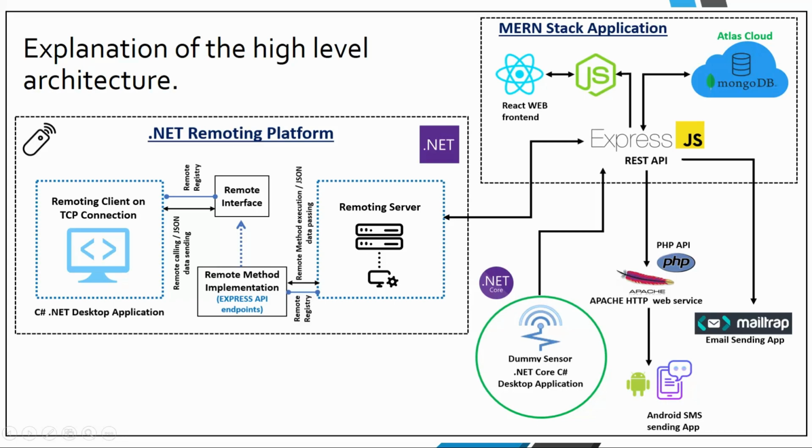In the desktop application, there are mainly 4 components: the client application, the server application, the remote interface, and the methods of the remote interface. The remote client has a reference to the remote interface, and the remote server has a reference to the remote methods. All these 4 components are located separately. They are not inside each other.